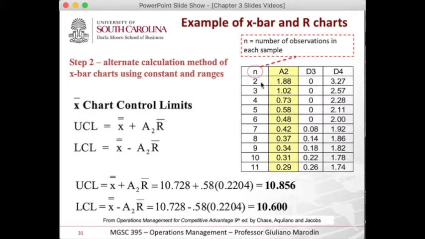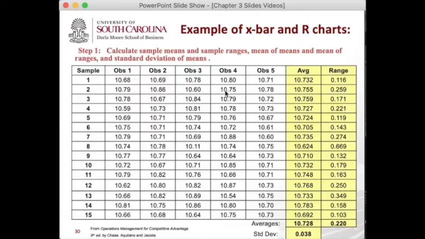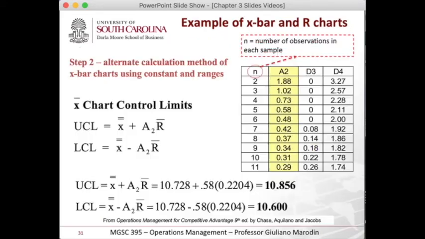So how many observations in each sample? Go back. It's not the number of observations. It's the number of samples, sorry. It is the number of observations in each sample. So I have 1, 2, 3, 4, 5 observations in each sample. N equals 5. A2 equals 0.58. And 0.58 is what I'm going to use here as A2.